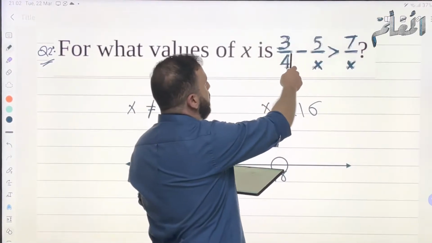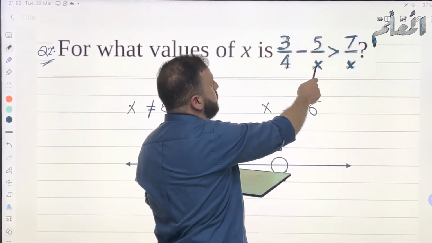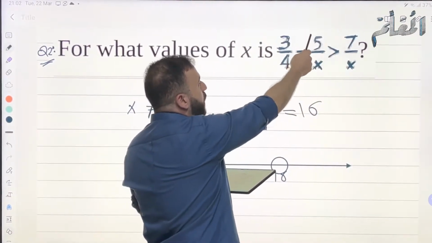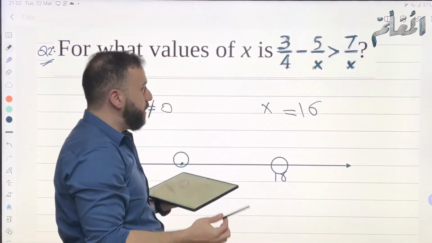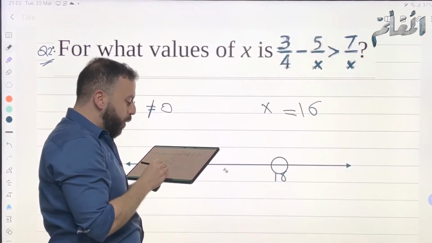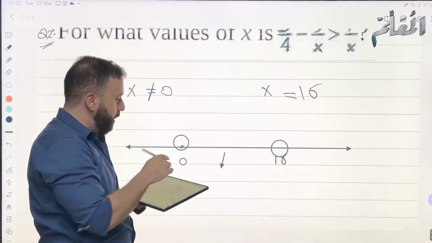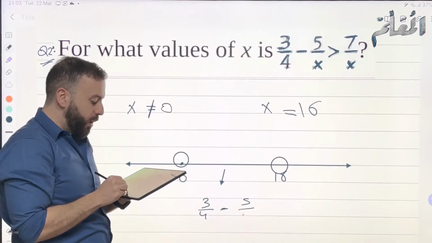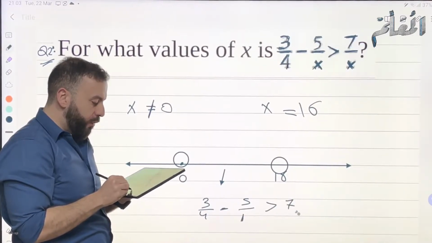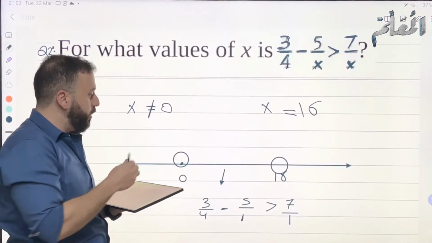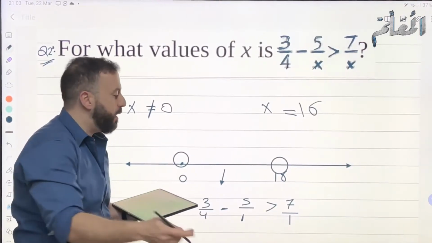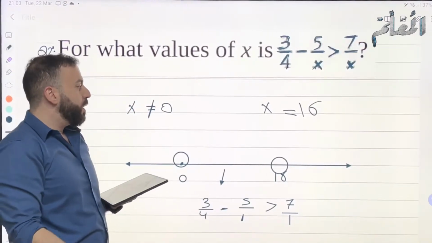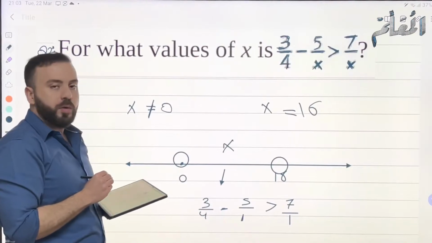If I choose 1, is 3 over 4 minus 5 over 1 greater than 7 over 1? 3 over 4 is 0.75 minus 5 is going to be a negative number. A negative number is impossible to be greater than 7, and that makes this region not work.